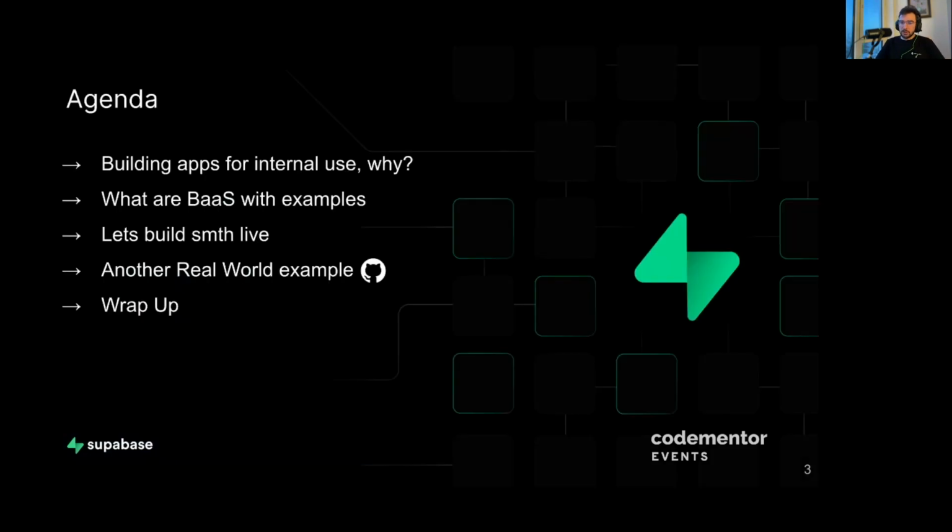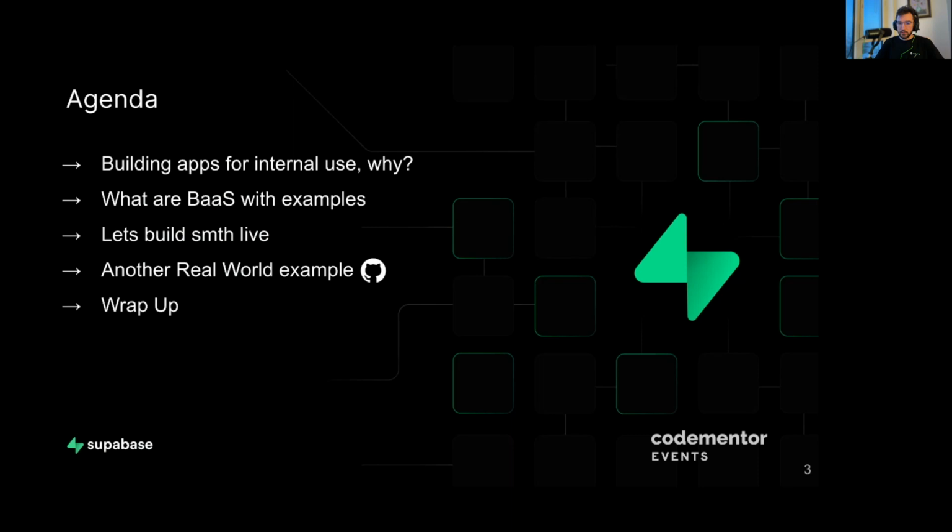So, what is the agenda for today? We will talk a little bit about why we even need internal tools and how to build them using backend as a service solutions that there are in the market right now. And then we will have a small live building of an application with SvelteKit and Supabase.